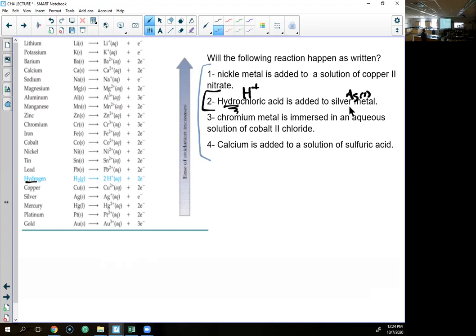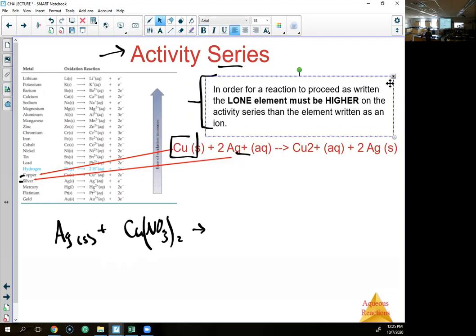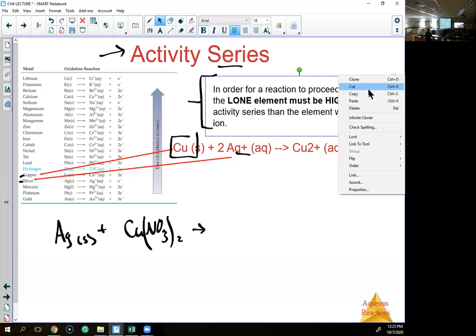Is nickel better than copper? If the solid is, silver's metal, silver's the low. You see how high that is? Oh, it's hydrogen. Wait, which one is the lone element?